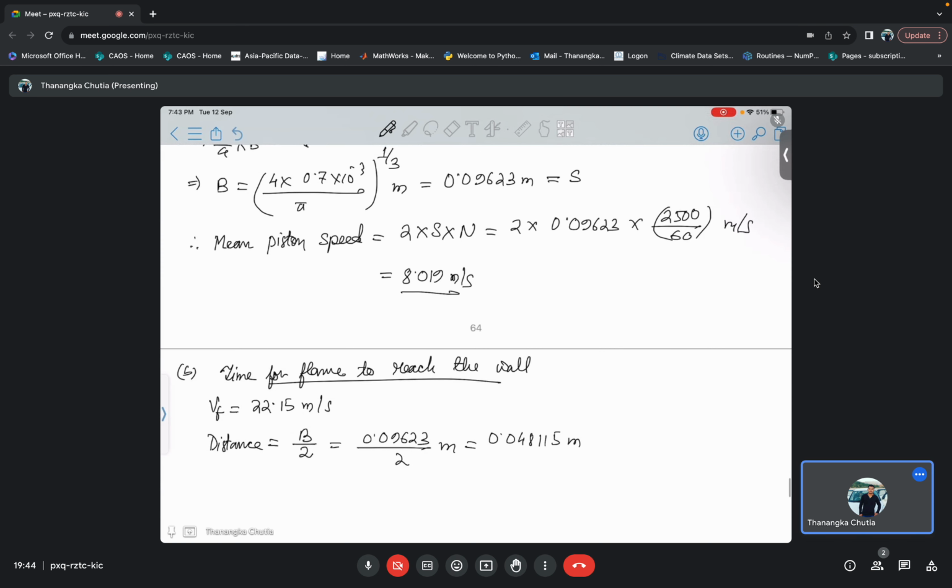Okay, so therefore time to reach the wall will be equal to what? Distance divided by Vf, and distance is 0.048115 divided by Vf is 22.15. Okay, this will be 2.1 into 10 to the power minus 3 seconds.